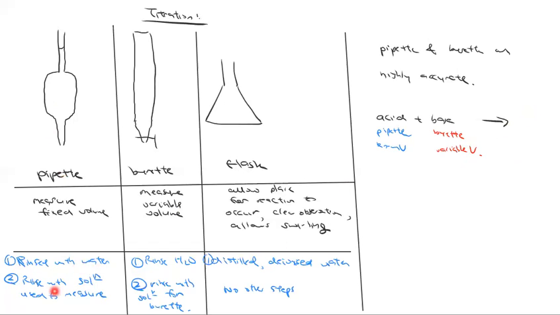But if I rinsed it with water and I did not rinse it with the acid, whereas I did everything else correctly, then the question is, how does that affect my result? So in this example, example 1, if the only error is the pipette was rinsed with water only, and it should have been followed up by the acid, but it wasn't.